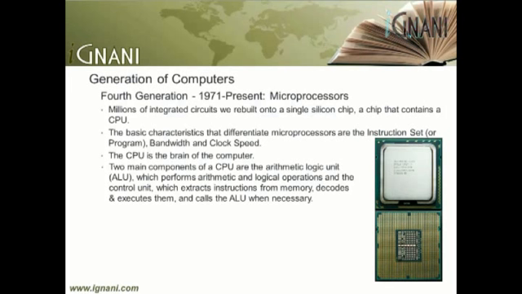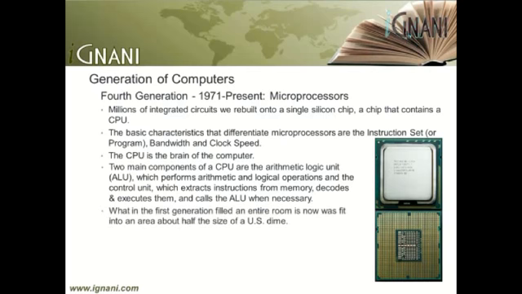In the third generation, the integrated circuit was manufactured to fit a specific purpose. But now microprocessors are manufactured and then they are programmed to meet any number of demands. What in the first generation filled an entire room was fit into an area about half the size of a US dime.